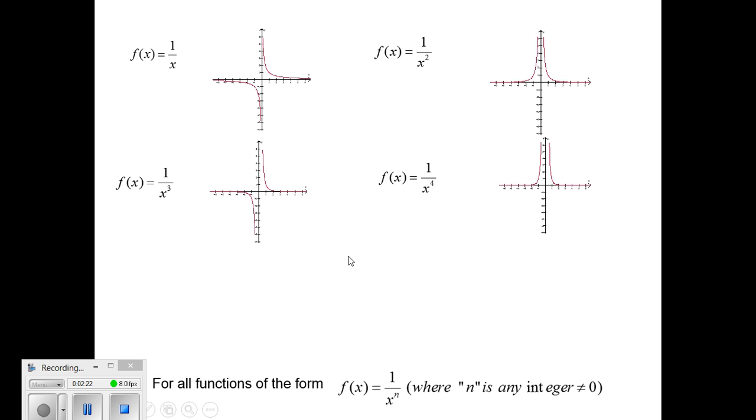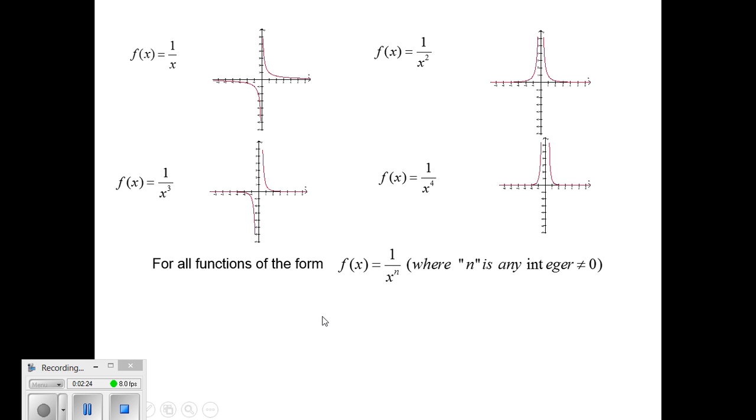So as a general rule of thumb, for any rational function of the order 1 over x to the n, and to keep it rational, of course, the denominator has to be a polynomial, implying that the powers have to be positive integers.